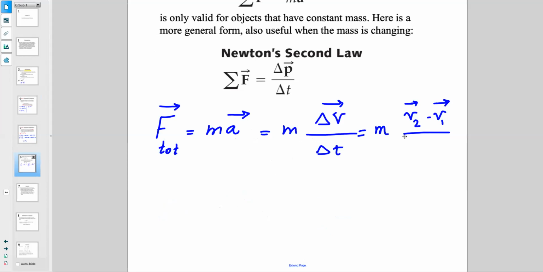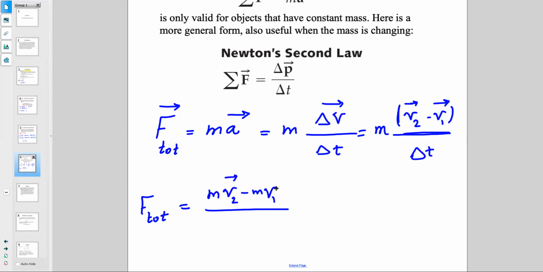I'm going to keep delta t as it is, okay? Now, I am going to multiply this m to whatever I have inside these parentheses. In other words, I can write F total like that: m v2, which is a vector, minus m v1, which is a vector, over delta t.